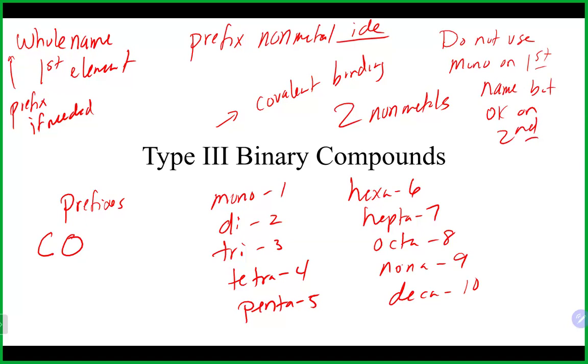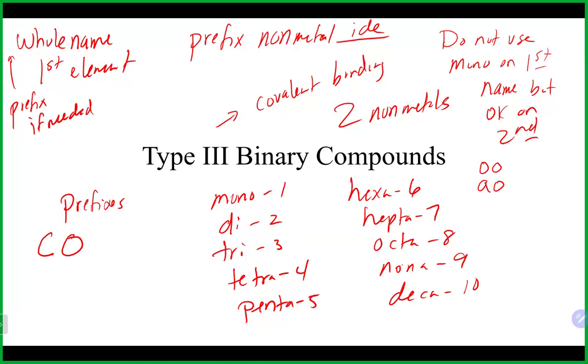The other thing that very commonly occurs when we're doing type 3 and we use these prefixes is we will sometimes get 2 vowels that back up to each other. So for example, we may get 2 O's that back up to each other in the name, one O from the prefix, one O from the element name. We may also get an A and an O that sort of back up to each other.